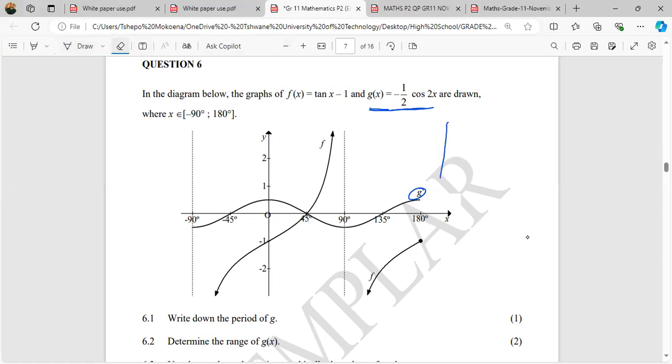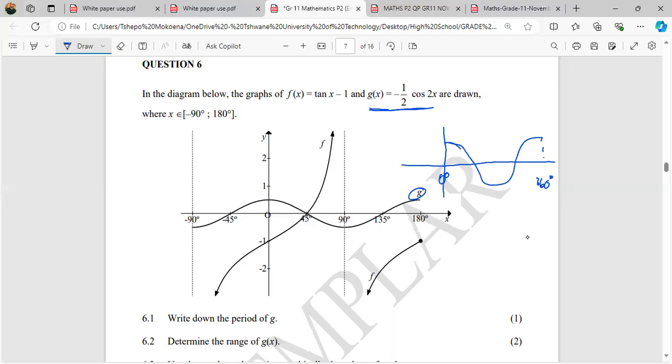Look at what I'm doing right here, you don't have to do it, but you can if you really want to understand what you are doing. For cosine, the mother graph starts like this, and it moves like this. And I say the period of the mother graph is between 0 degrees and 360 degrees, right?